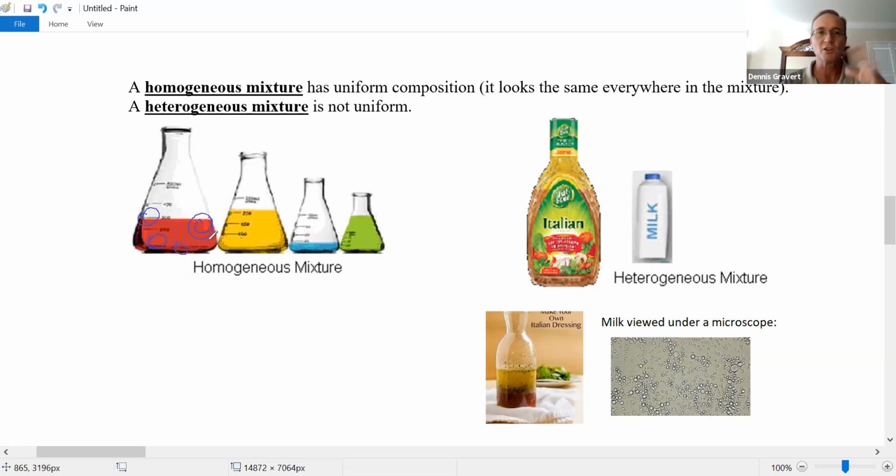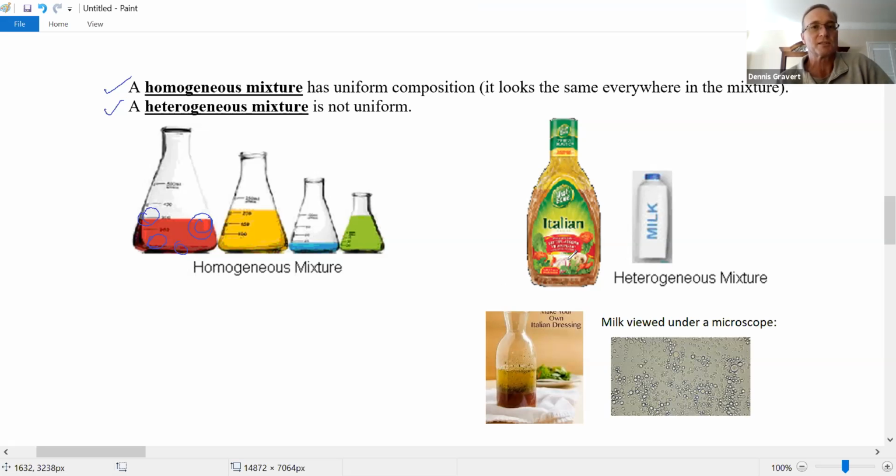Nothing's different. It's very uniform. In other words, whatever compounds are dissolved in here are totally dissolved, distributed throughout the solution equally. It doesn't matter about the color. The color's the same everywhere you look. Maybe that's how you think about it, just very uniform. Uniform mixtures are called homogeneous. Heterogeneous mixtures are not uniform.